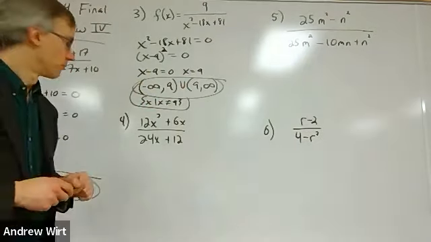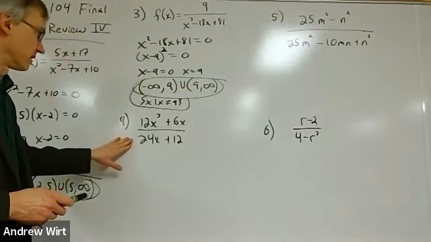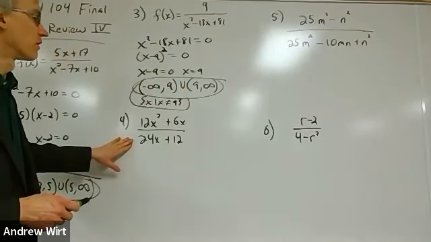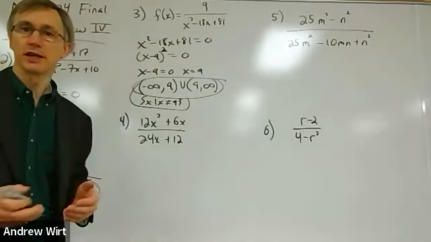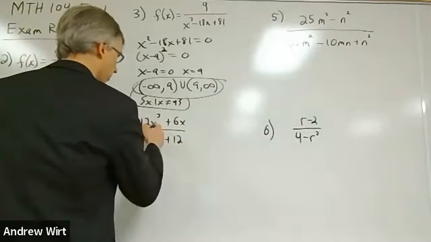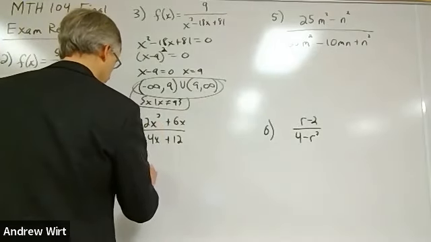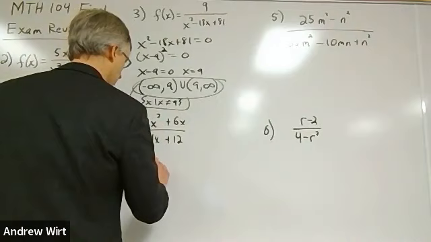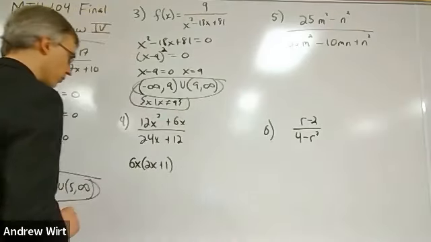Now with number 4, we are going to simplify these. So for this entire section, the technique will be factor and cancel. So here we can factor out 6x and get 2x plus 1.